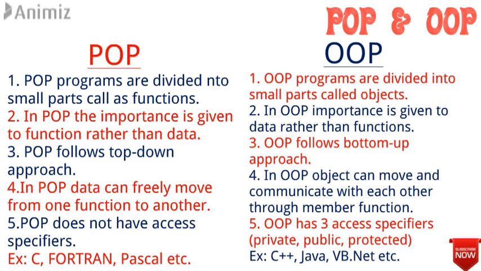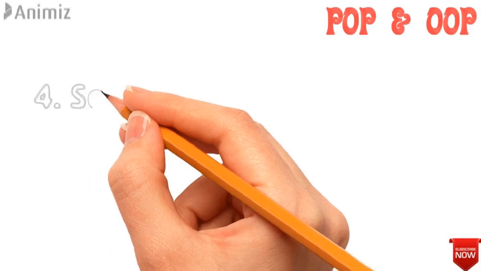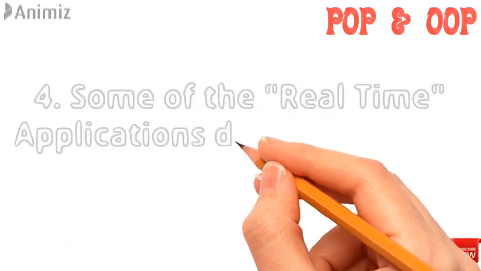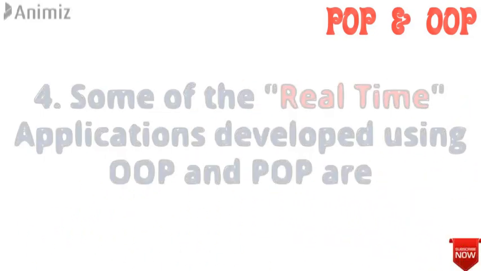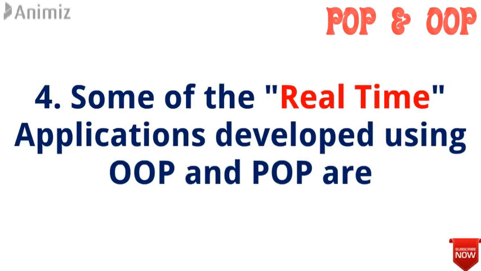Additionally, we have some more differences, like OOP follows data abstraction, polymorphism, function overloading, message passing, all those extra features, which we don't have with POP concept. Overall, we can say OOP, that is object-oriented programming, is much more secure than POP. If OOP is much more secure than POP, then don't we use POP programs anymore? Nothing like that. We use POP programs also.